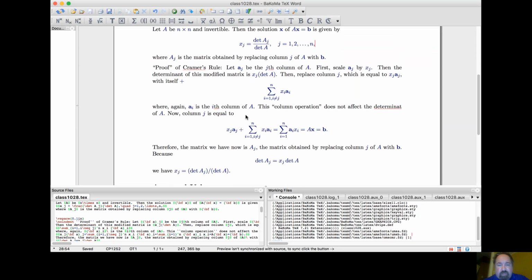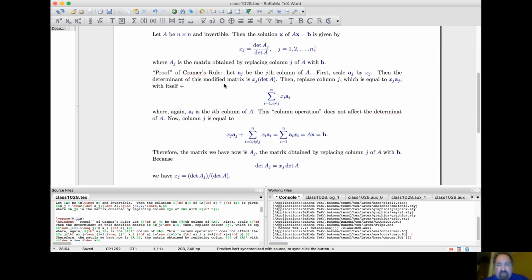Here's a quick proof of Cramer's rule. If I take a matrix A and scale the jth column by xj, then that will scale the determinant also. So the determinant of this modified matrix is determinant of A times xj.